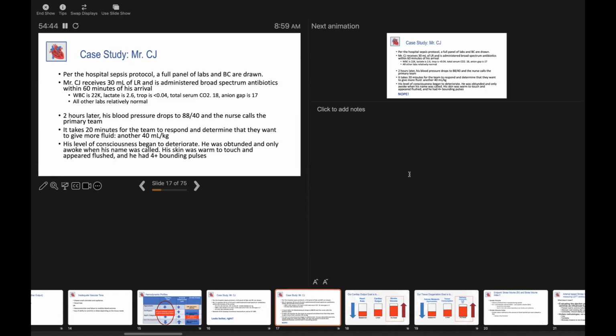His lactate was still elevated and he was still acidotic, and we didn't do anything else. So 2 hours later, he deteriorates because we didn't do the right thing at the time, because we felt good. He looked pretty good, right? He looked good. He was headed in the right direction, but we said that's enough.